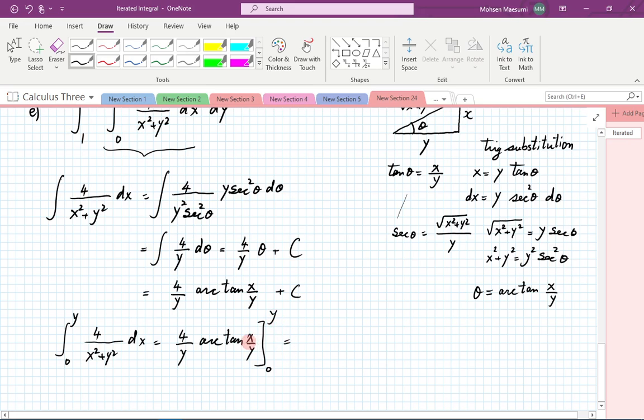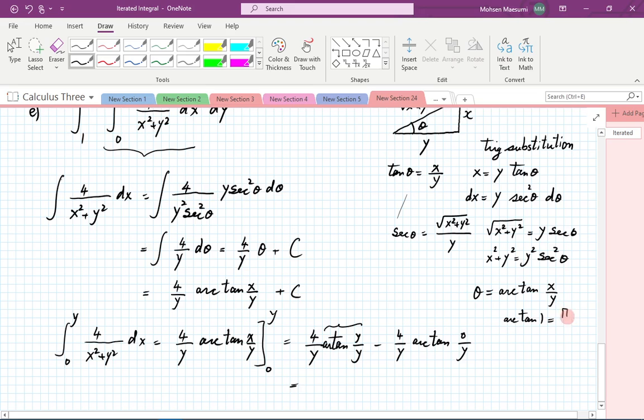So that y is replacing x. I'll get 4 over y of arctangent of y over y, minus 4 over y of arctangent of 0 over y. Well, y over y is 1, arctangent of 1. One more thing we need to know from trigonometry: arctangent of 1.